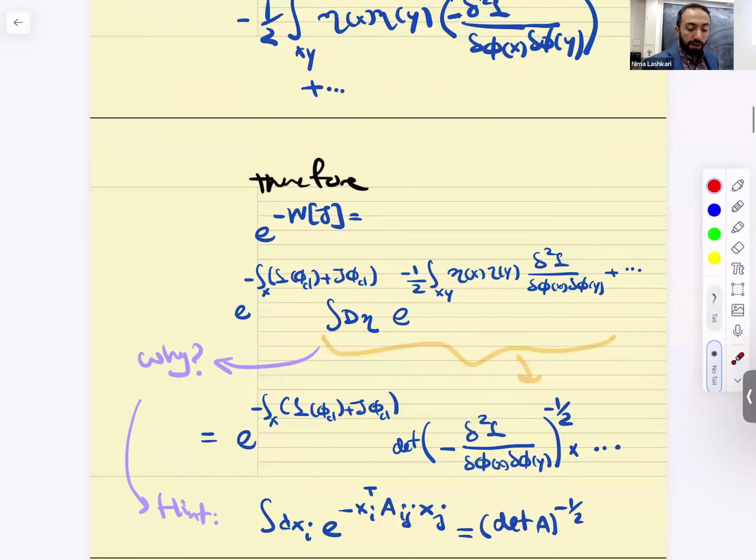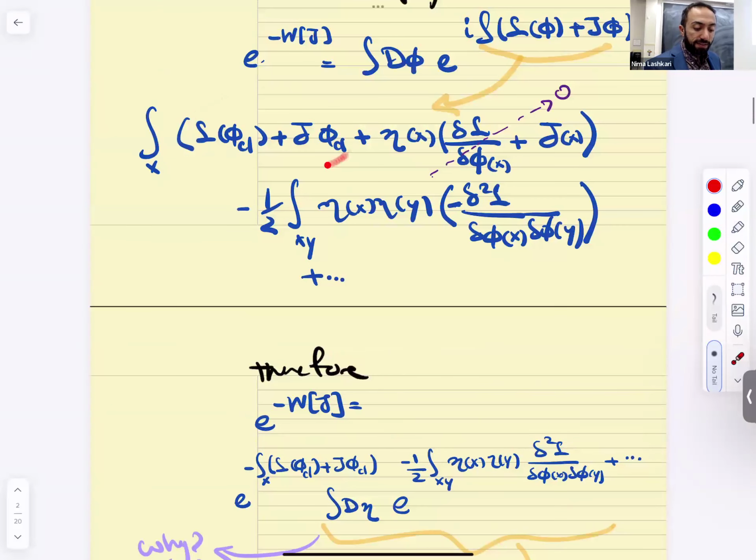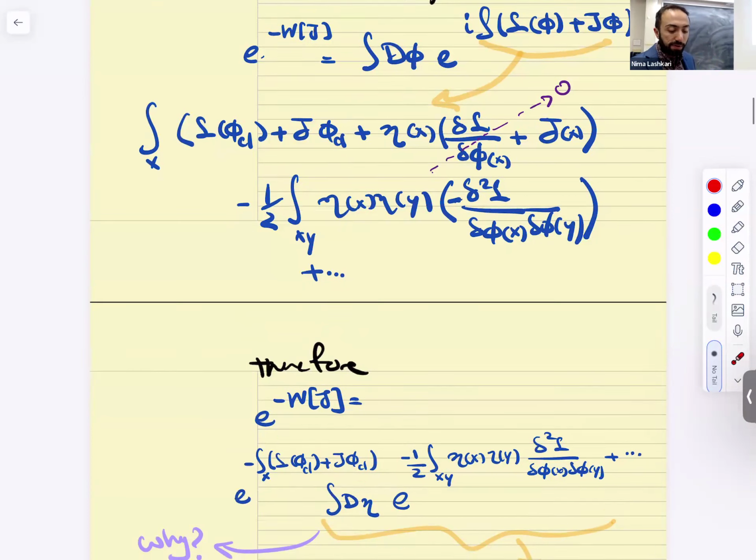So this piece is a constant, the integral over x of L at phi classical plus J phi classical. Even if phi classical is a function that depends on space, this is a constant piece that comes out of the path integral because it's eta independent, right? So we redefine our path integral now. The new field variable that we're path integrating over is eta, right?